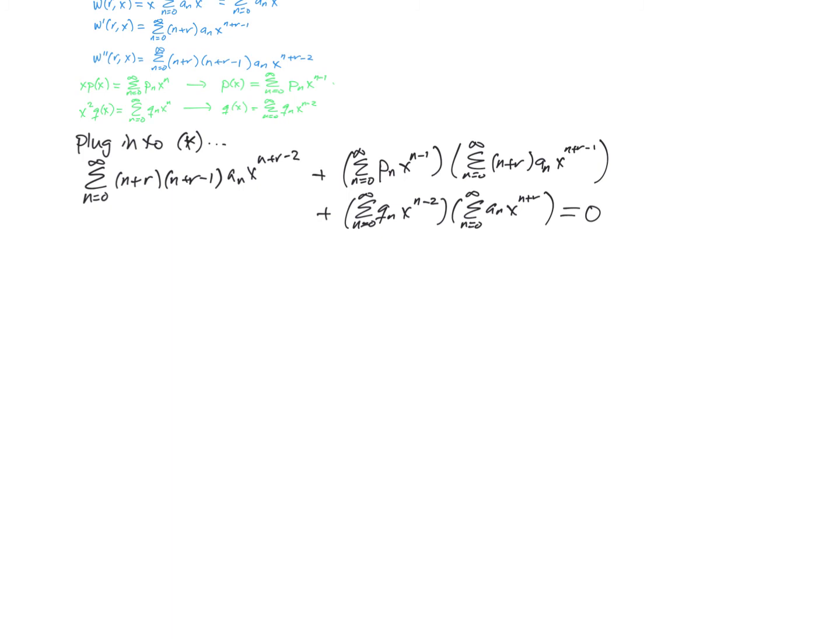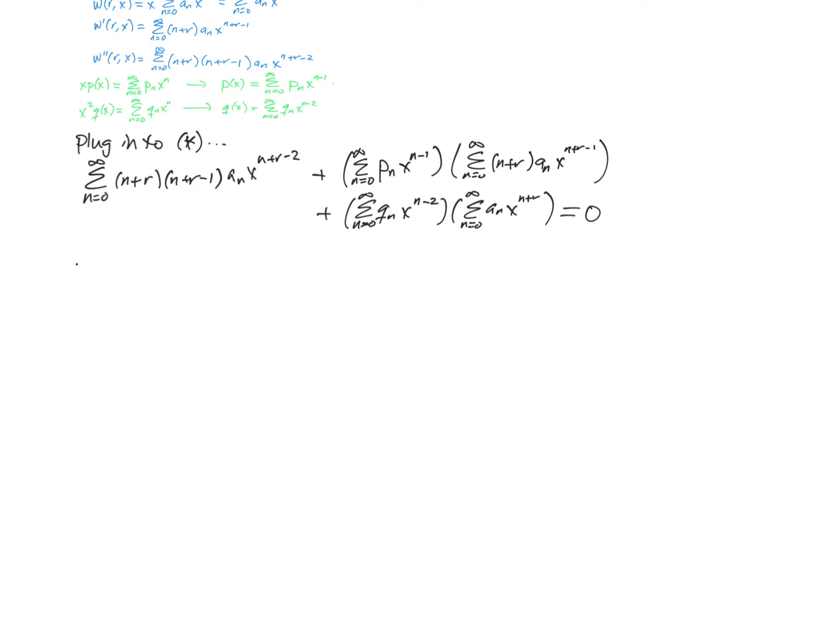It doesn't necessarily have a nice pattern, but we can do it term by term. So the lowest term is going to be x to the r minus 2, which is what you would get when n equals 0.